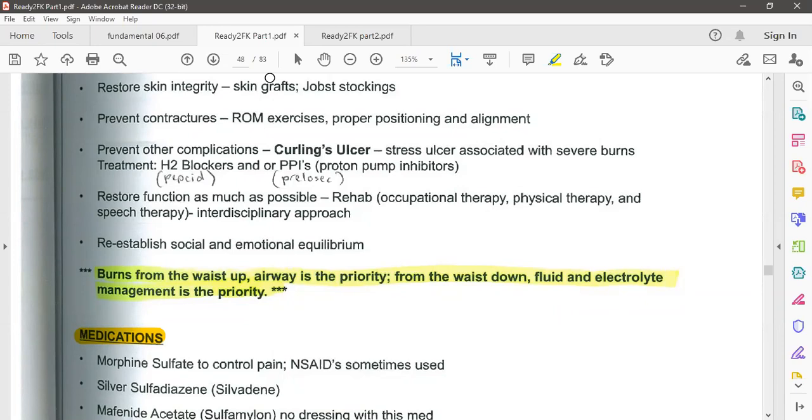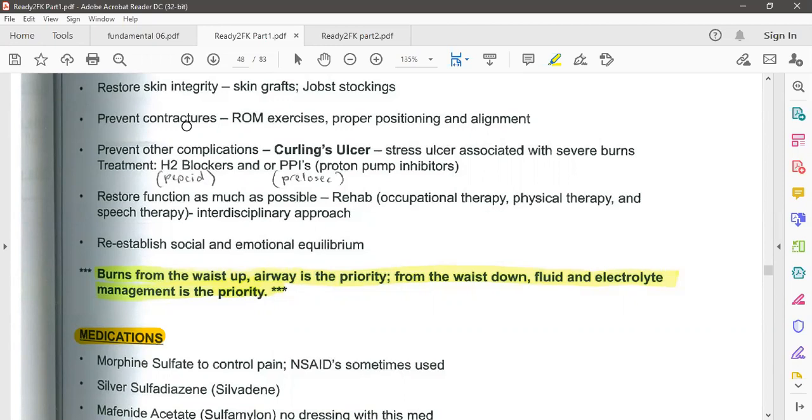How do we prevent infection? We have to know. We can prevent infection with no fresh plants or flowers, limiting visitors, using patient-designated equipment only, and of course dressing.